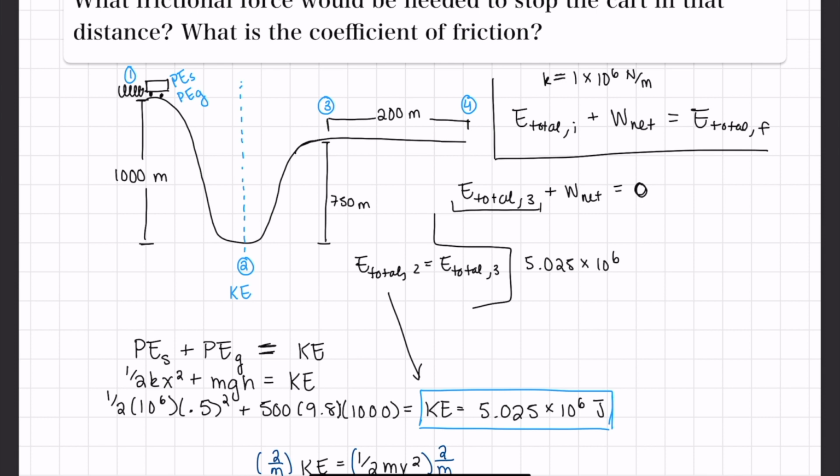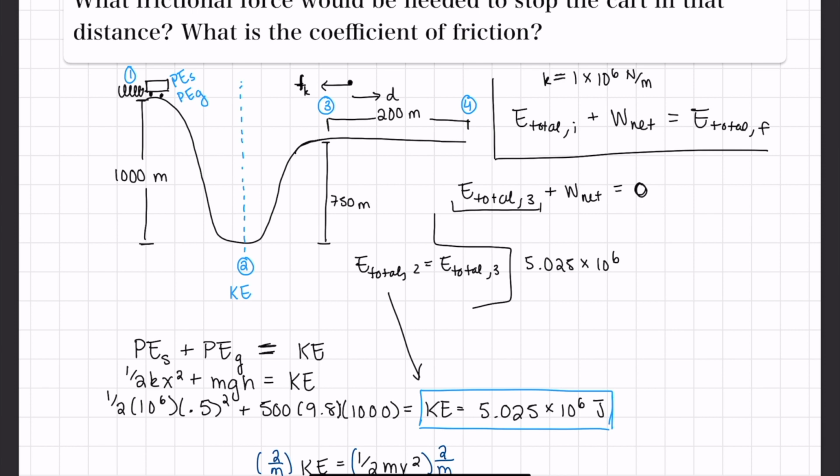Our W net is going to be our force times our distance. I should draw a little force diagram here just in terms of our frictional force. So with the way that I drew this, the frictional force is a kinetic, not static, but it's pointing in the negative x direction, and our displacement is going to be traveling in the positive x direction.